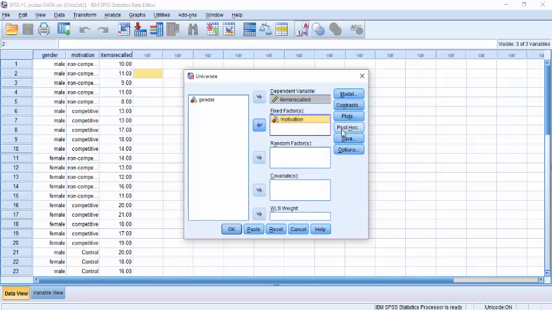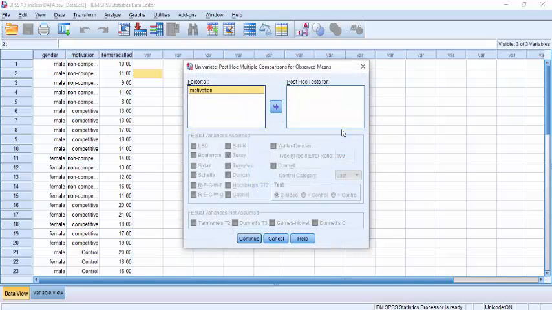From there, we select post hoc. So anytime that we conduct an ANOVA, we're looking at 3 or more levels, 3 or more groups of the independent variable. So the ANOVA tells us that there are mean differences across those levels, but not necessarily where those differences are. So if the ANOVA analysis is significant, we need to do the post hoc test to tell us where the differences are.